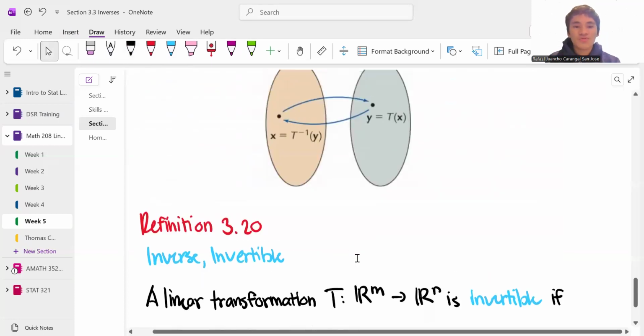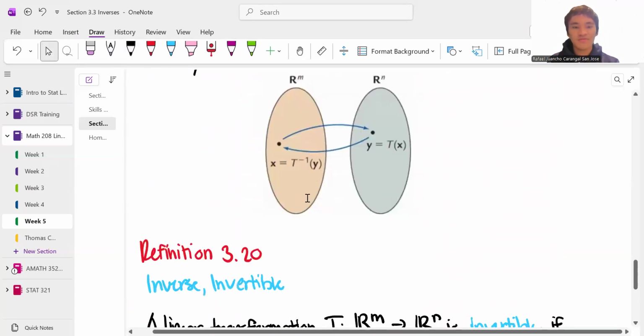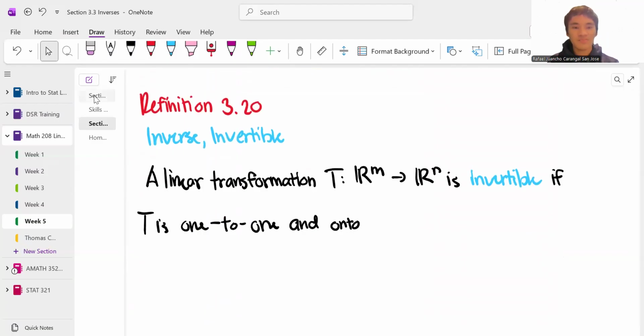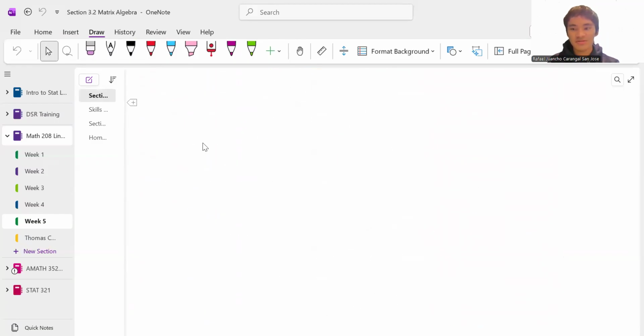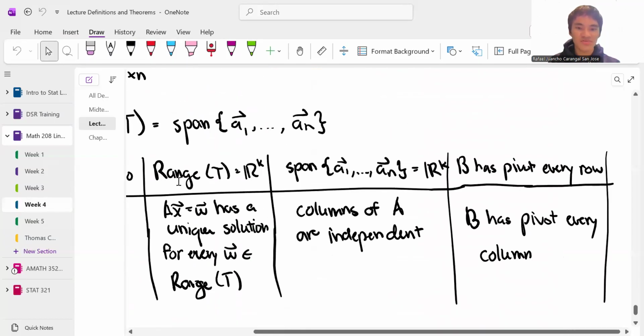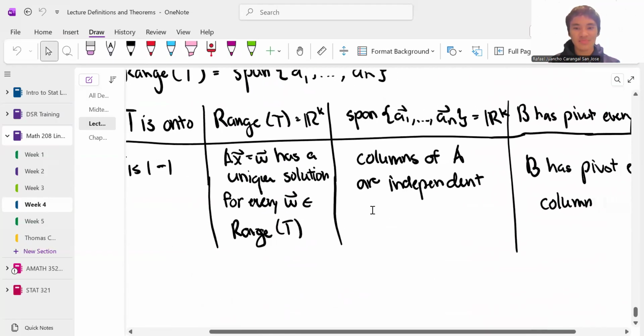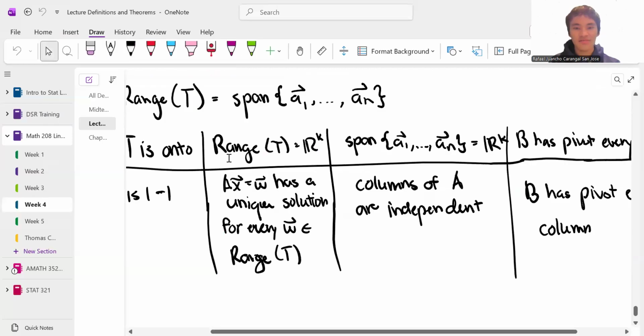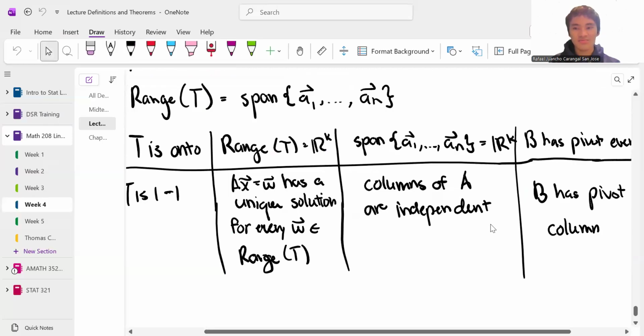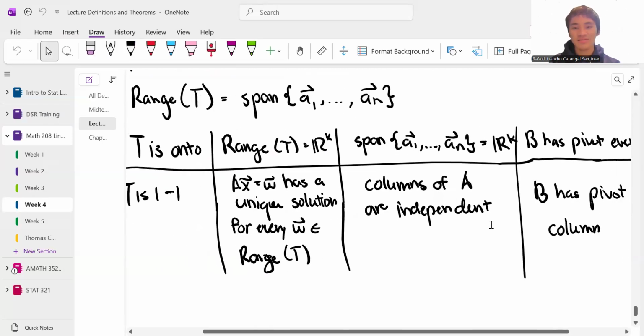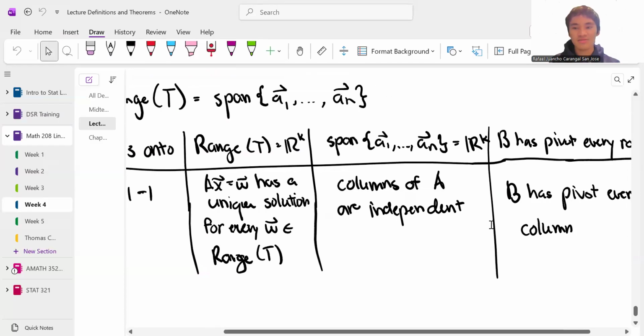So we already know what 1-to-1 is, but to briefly review, what is onto? If we look back at the previous section, we're gonna find what that means. Or I could just look at my previous video. I actually made this nice table here. If it's onto, we have some characteristics to tell that this is onto.